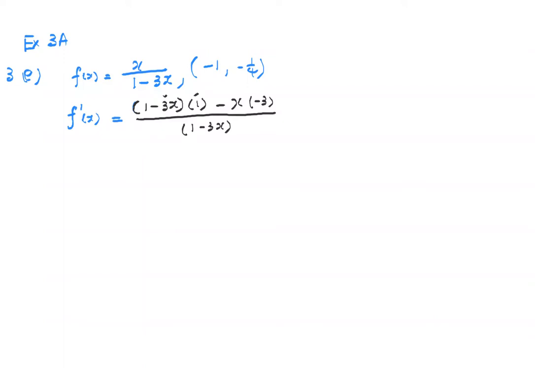Now you want to find the equation of tangent at this point, so you have to find the gradient at this point. You put in x equal to -1. If you want to simplify this, you can.